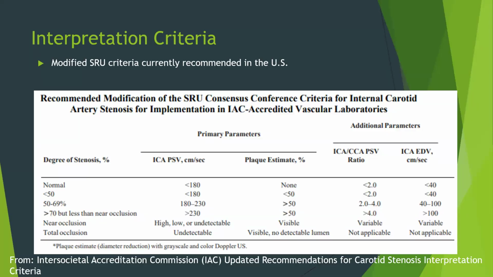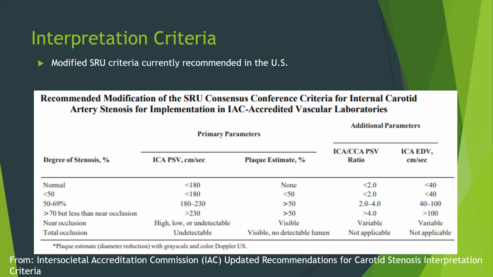So if we're getting a velocity above 180, all of a sudden we start hitting that 50% stenosis. And at that point, that's when we talk about that 50% mark. That's our hemodynamically significant stenosis. So that's why we have that 50% mark there at 180.